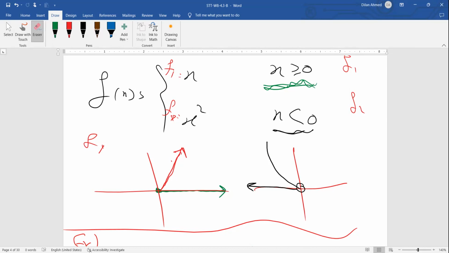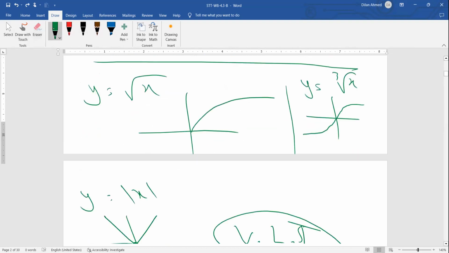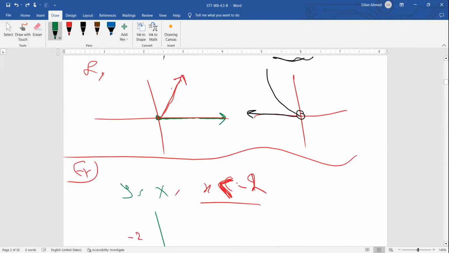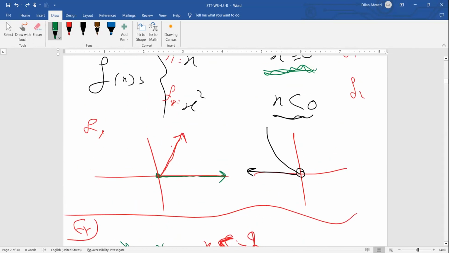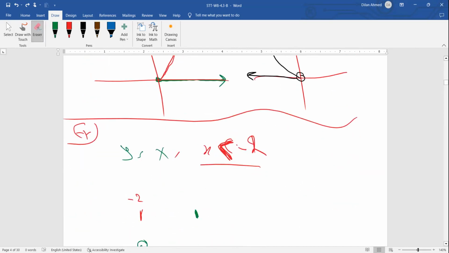Now, did I ask you to graph two functions for me? No. I asked you to sketch these together. So we are going to join both of them. How? Let me erase that example because we don't need it. Now you are familiar with it.